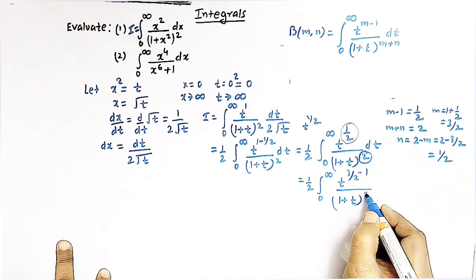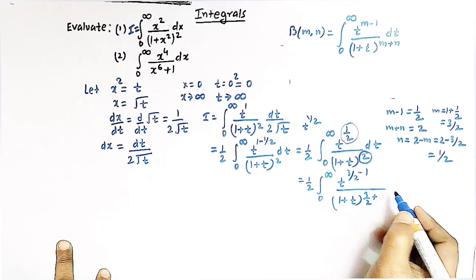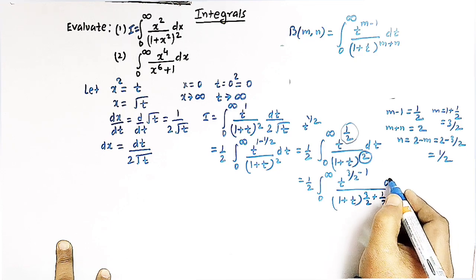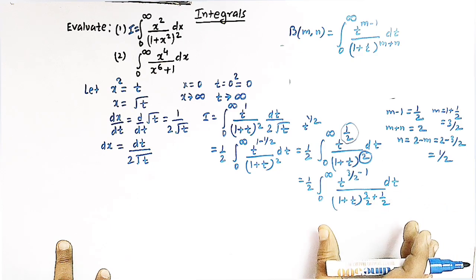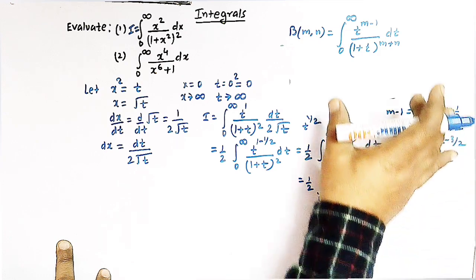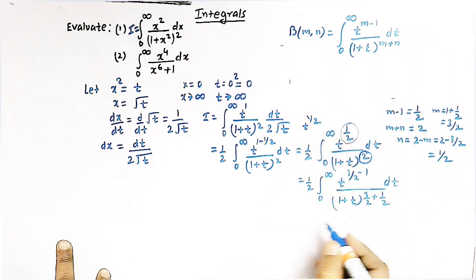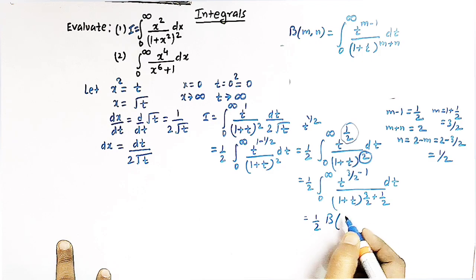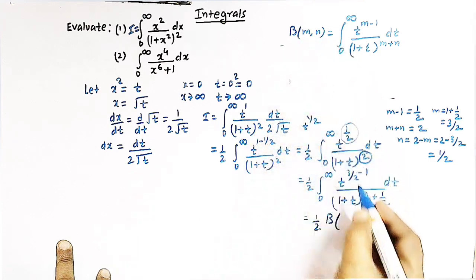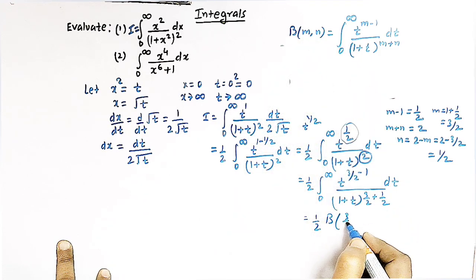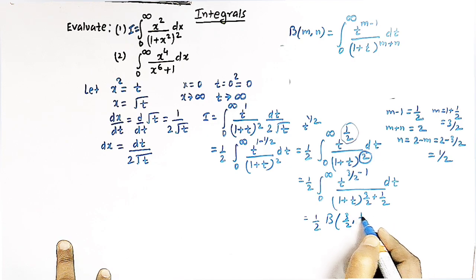M is 3 by 2, and n is half. Okay, so now this integral is exactly of this form. So we can now write it as half, and beta function, that is beta m comma n. M is 3 by 2 and n is half.